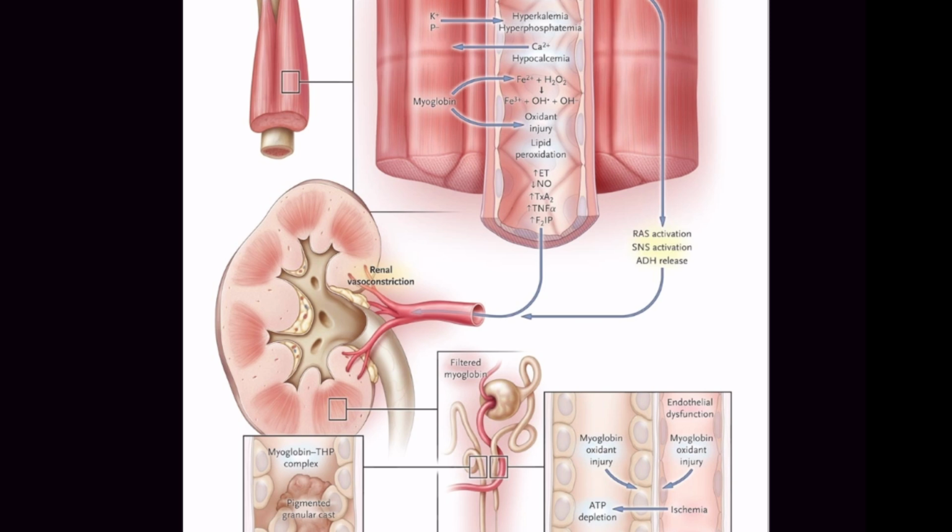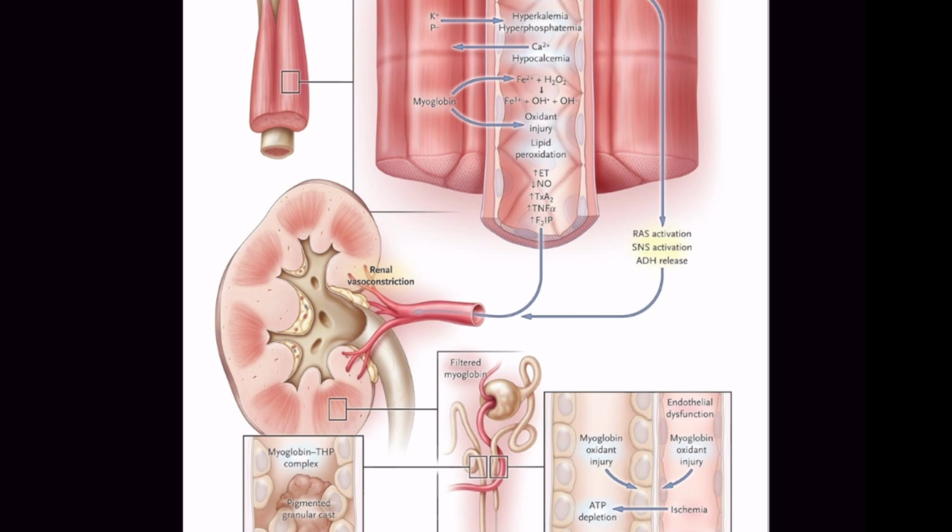Myoglobin induces oxidative injury via its heme moiety, generating reactive oxygen species and free radicals that damage tubular cells, especially in acidic urine. It also precipitates with Tamm-Horsfall protein, forming obstructive casts in the distal tubules, and promotes renal vasoconstriction through lipid peroxidation and the generation of vasoconstrictive mediators such as F2 isoprostanes. These processes result in direct cytotoxicity, tubular obstruction, ischemia, and inflammation, all contributing to AKI.